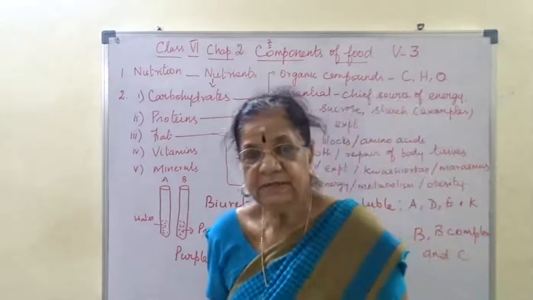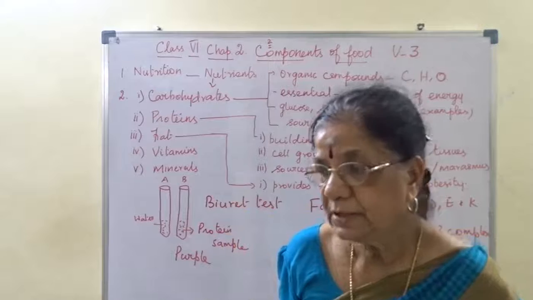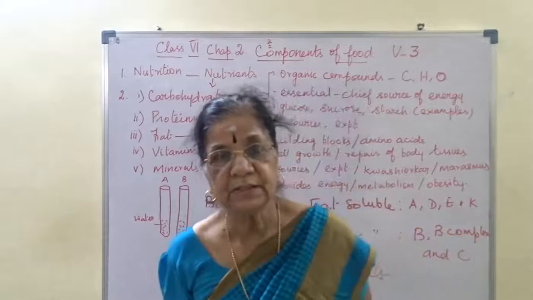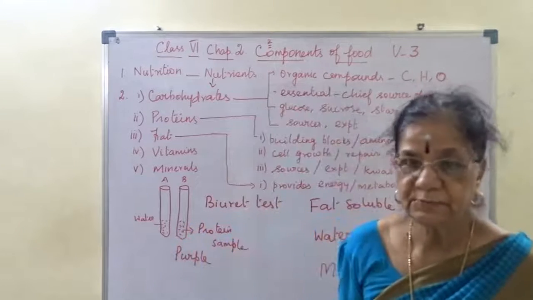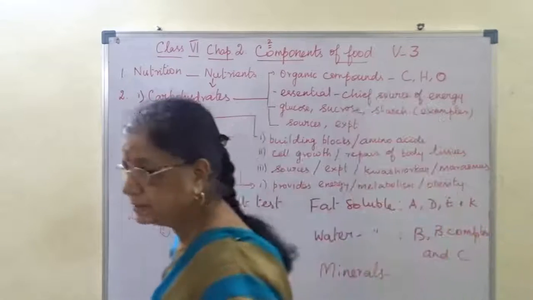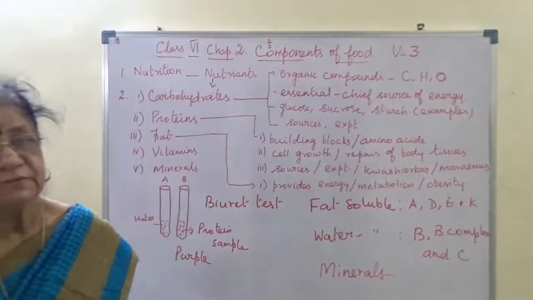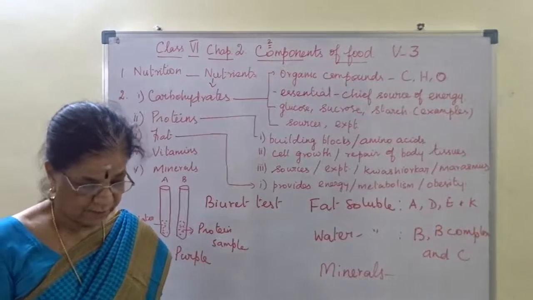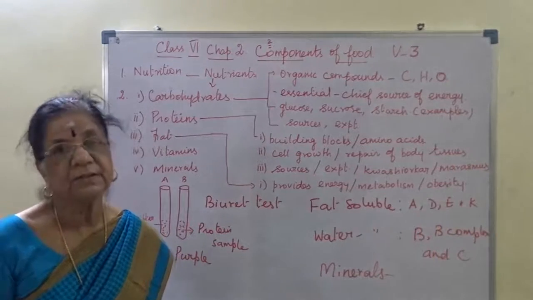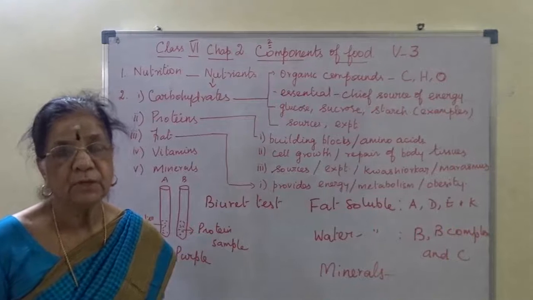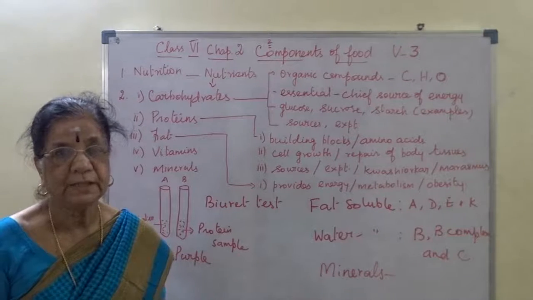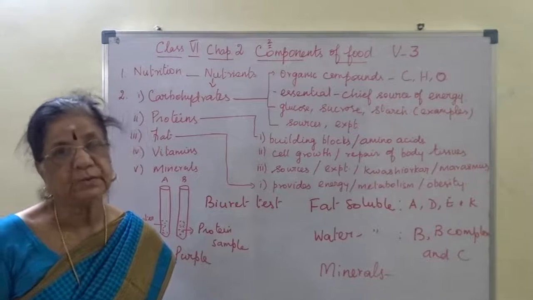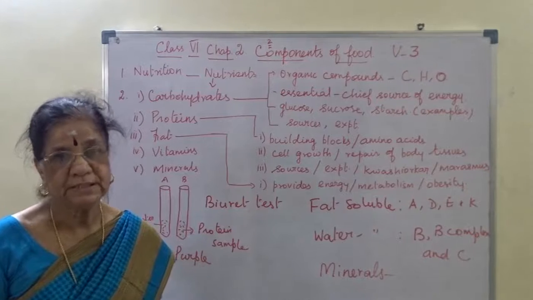Then vitamin E and sterility: if there is any reproductive disorder, there may be a vitamin E deficiency. Then vitamin K is mainly meant for clotting of blood. Blood clotting is controlled by vitamin K.